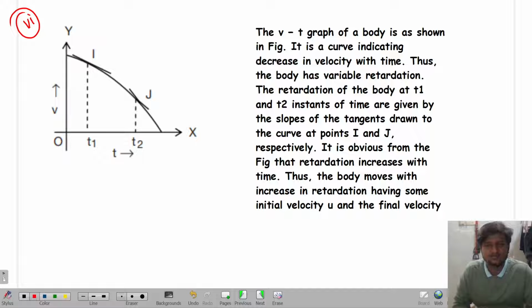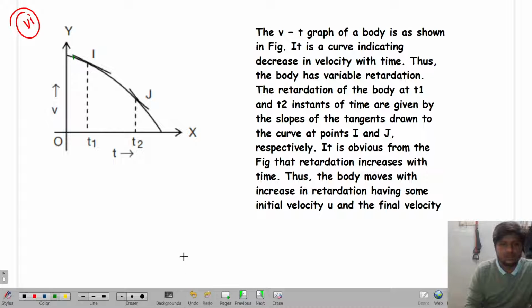Sir, it is an increase in retardation. Yes, it means the car is in retardation, correct? But what kind of retardation is it actually? Sir, it is non-uniform retardation. Perfect.